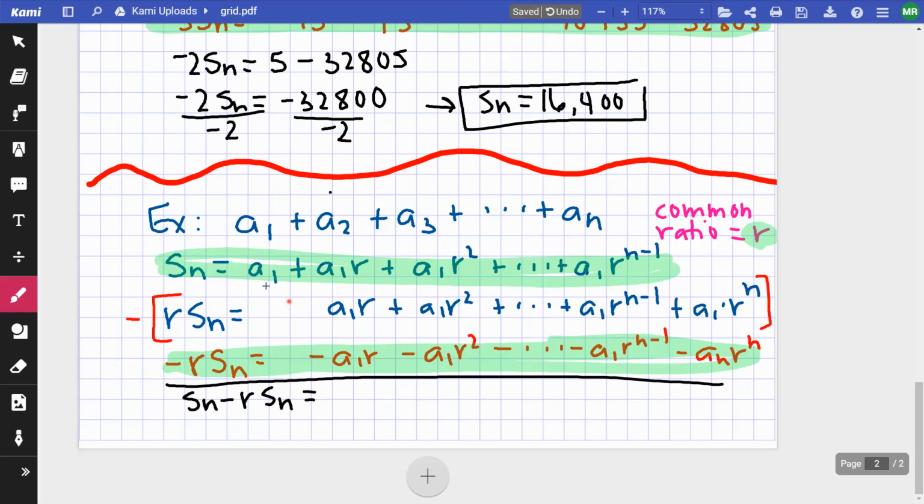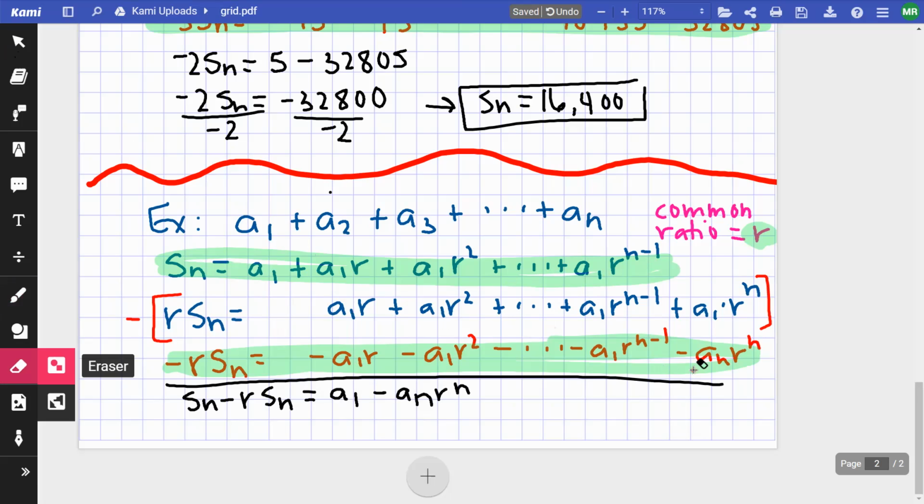Now here, my a1 is going to remain. My a sub 1 r is going to minus with my a sub 1 r. My a sub 1 r squared is going to minus with my a sub 1 r squared. Everything's going to cancel out until I get to this very last one, which is going to be minus a sub 1 sub n r to the n.